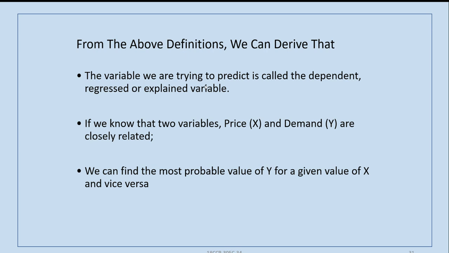We can find the most probable value of y for a given value. This is a very useful tool because we can predict the value more accurately. Even though it is not 100% correct, it may be correct up to 99%, or in some cases it is correct in 100% of cases also.